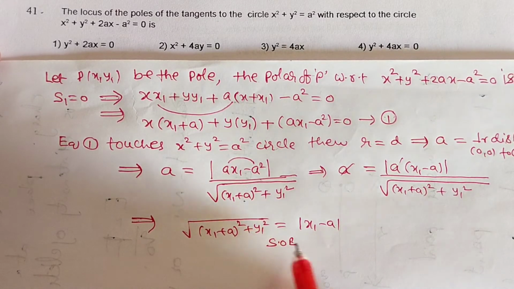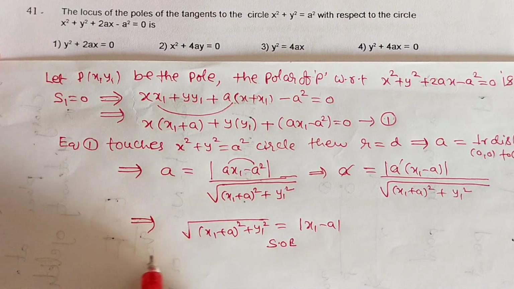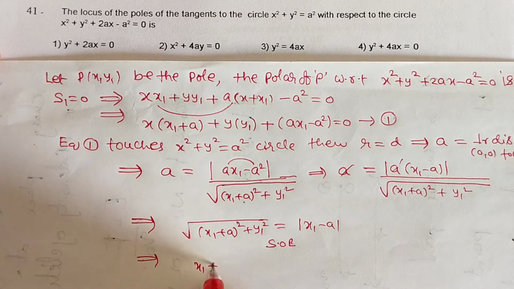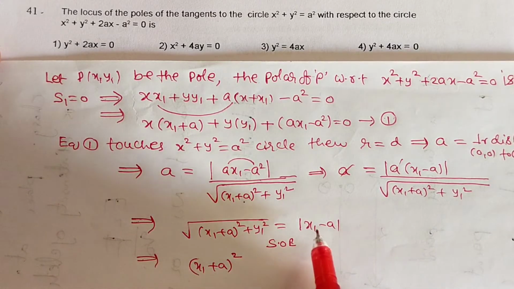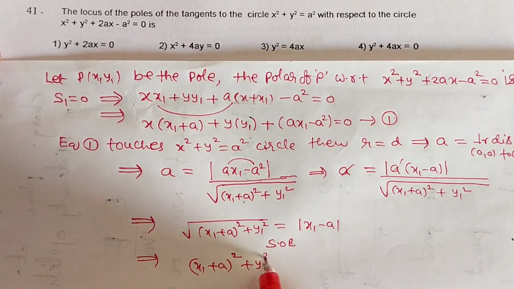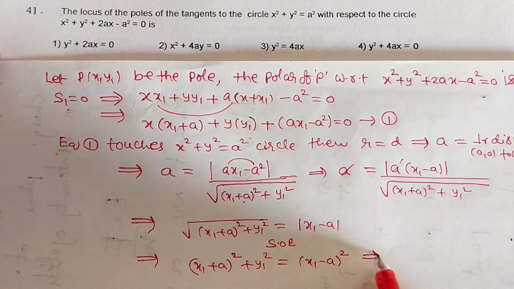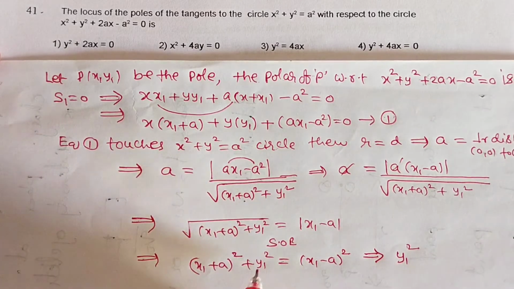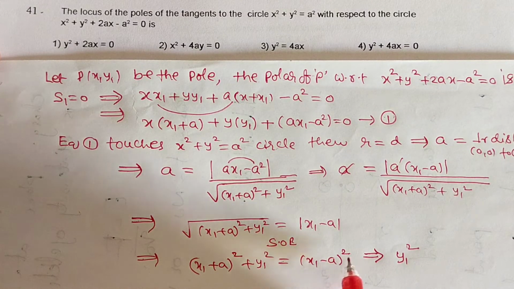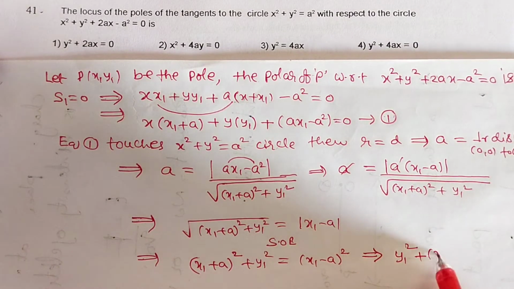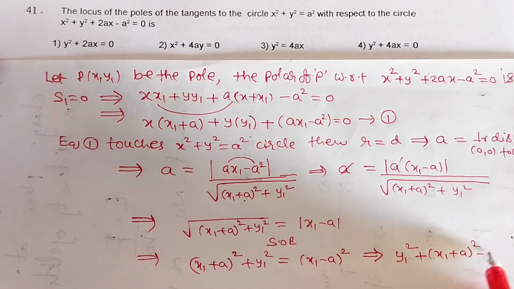Squaring on both sides, you get (x1 + a)² + y1² = (x1 − a)². That implies y1², here y1² is there, and (x1 − a)² also we can take this side. So (x1 + a)² − (x1 − a)² = 0.